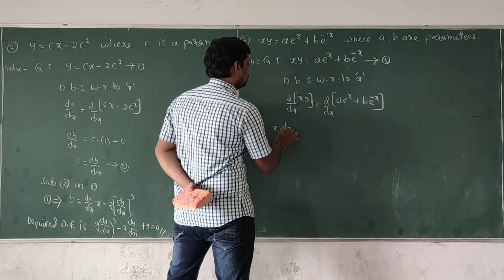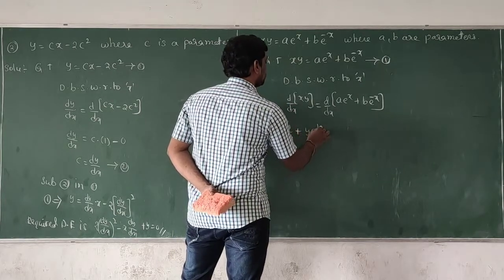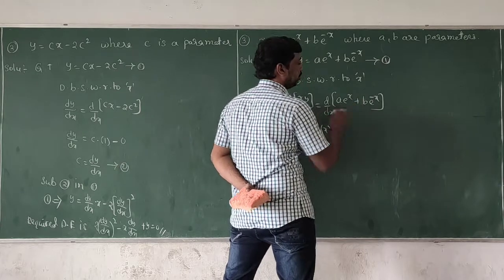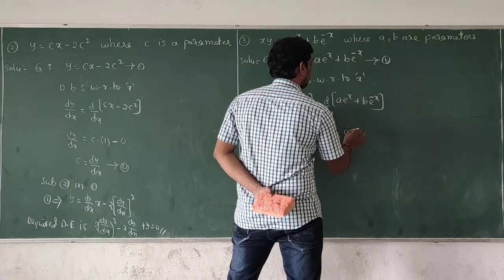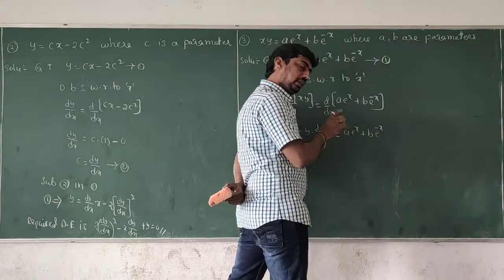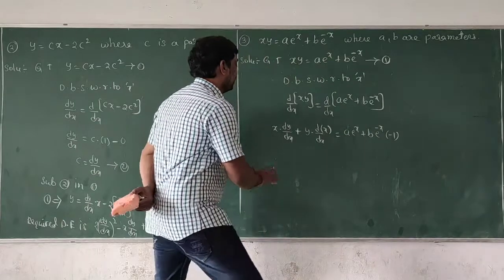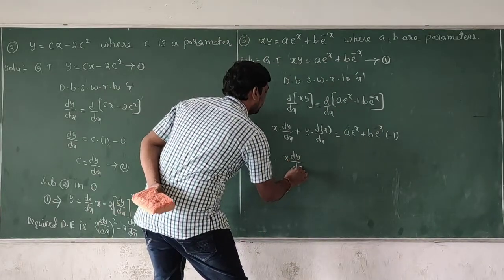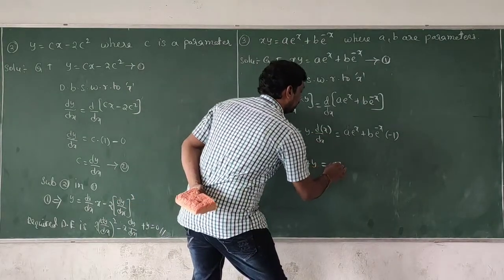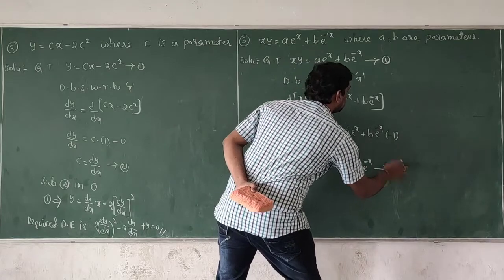So x into dy by dx plus y into the derivative of x, which is 1, equal to a into derivative of e power x, which is e power x, plus b constant into the derivative of e power minus x, e power minus x into the derivative of the internal function minus x, which is minus 1. So x into dy by dx plus y into 1, only y, equal to a into e power x minus b into e power minus x. Take this as the second equation.